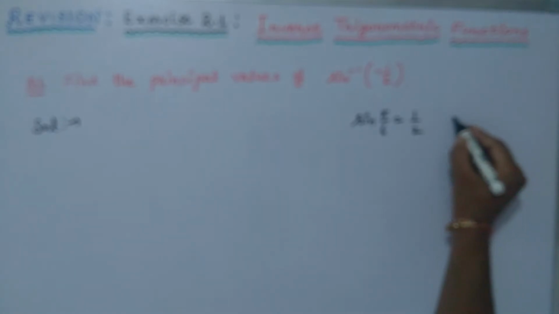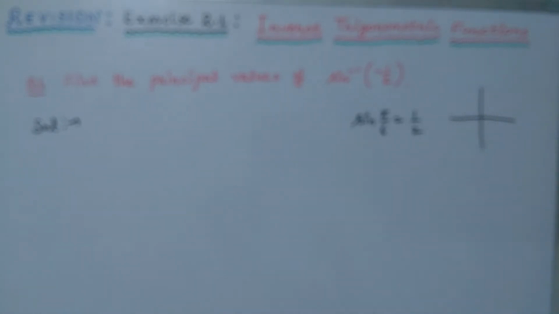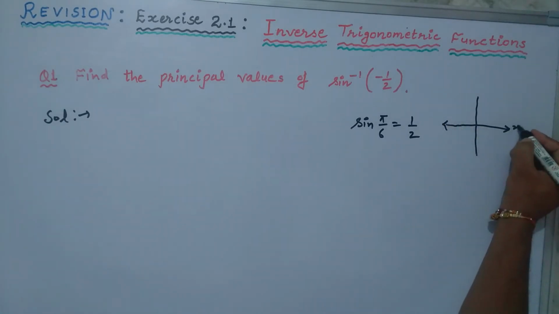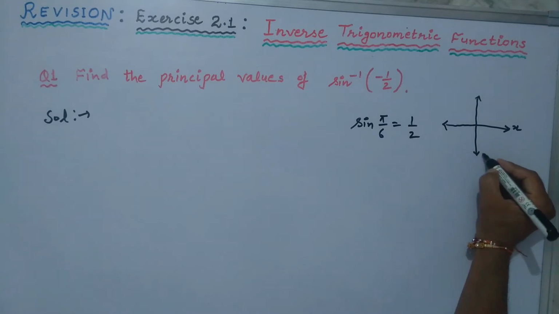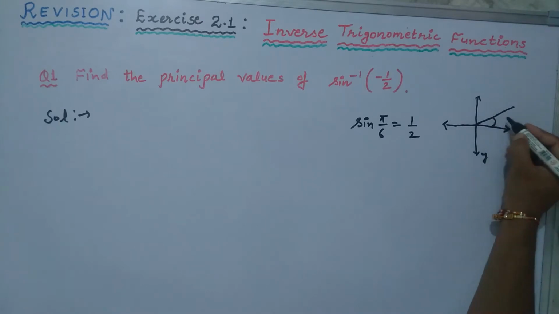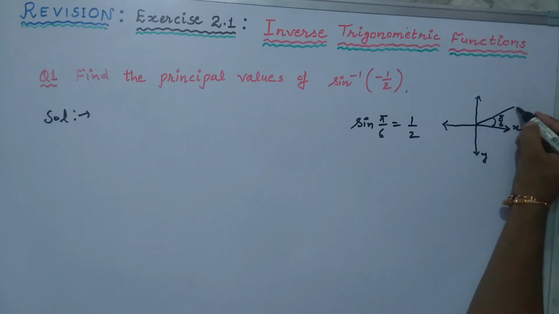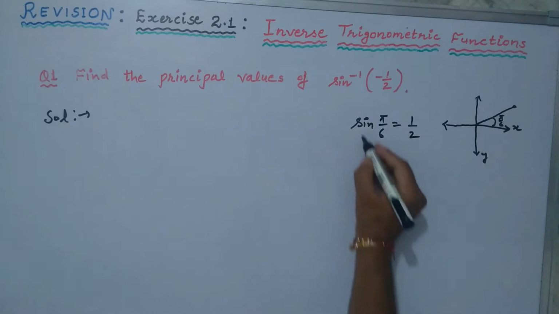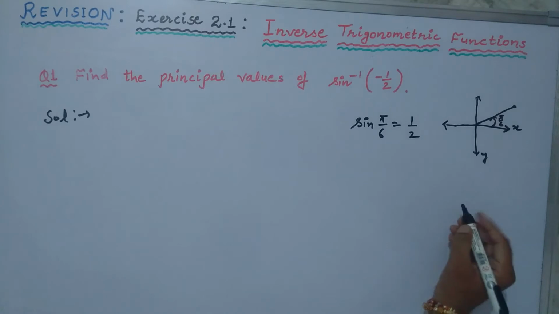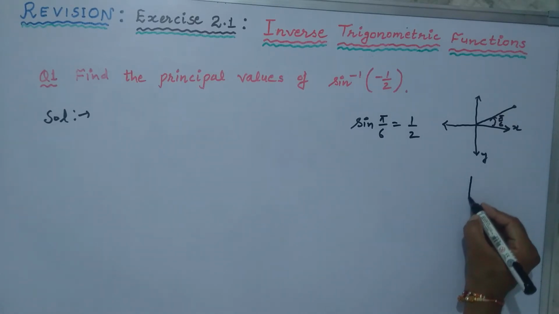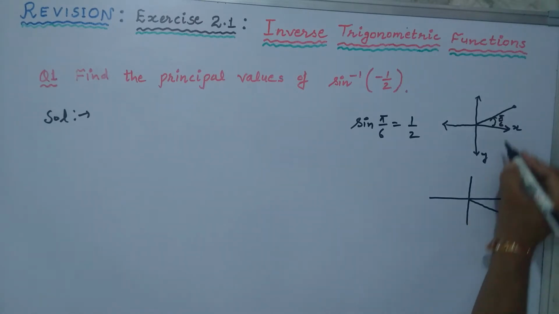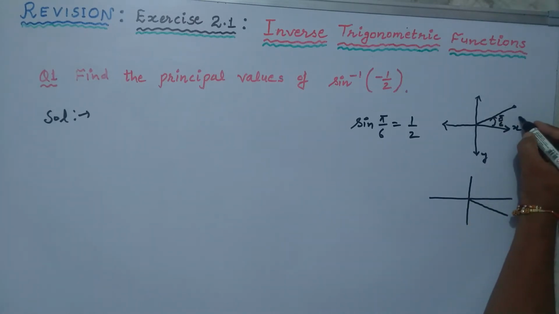Here we have the coordinate axes, x-axis and y-axis, the coordinate plane, and a 30-degree angle. This is pi by 6, the 30-degree angle. So sine of pi by 6 is equal to 1 upon 2. Here this angle was anticlockwise, so plus pi by 6.